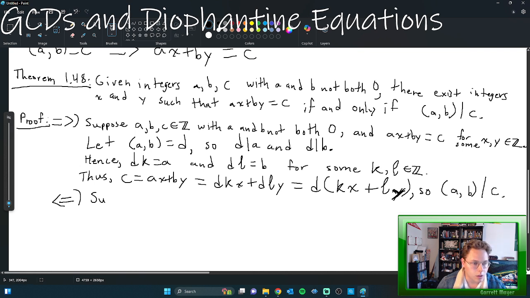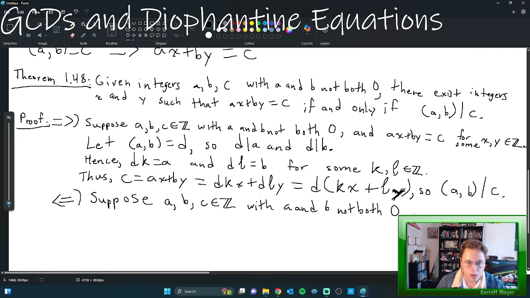So we're going to suppose a, b, c are all integers with a and b not both 0, and the GCD of a and b divides c.